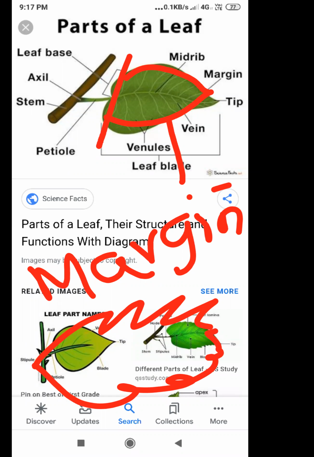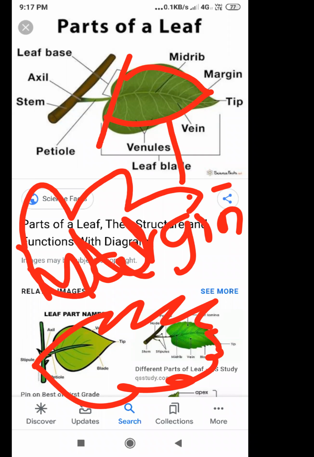Sometimes it is lobed, like this, coming from the midrib. That is called lobed. So based on the margin, we have different kinds of leaves: the margin may be toothed, lobed or smooth. So that is about leaf base, then margin.